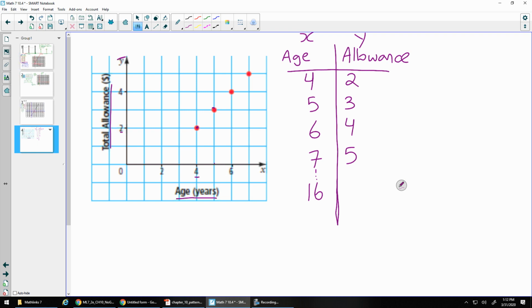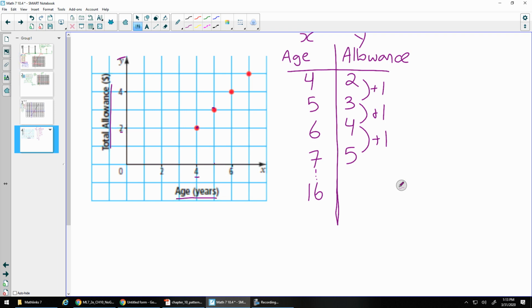Okay, the child gets to be 16 years old. What is the allowance? Well, we can look at this pattern, and we can make an expression that we could use to calculate that. So the allowance is going up by 1 each time. So our numerical coefficient is just 1, which we don't ever really need to show.